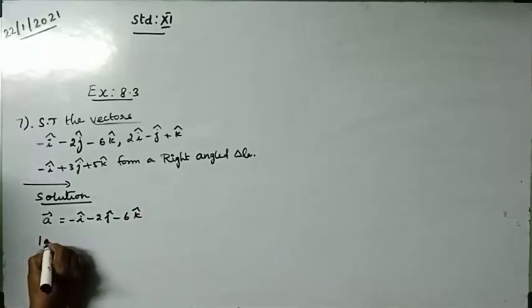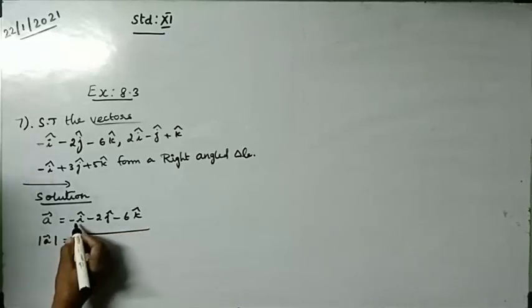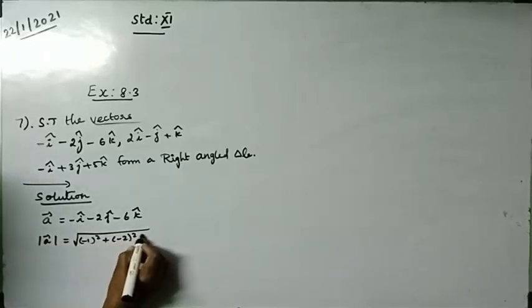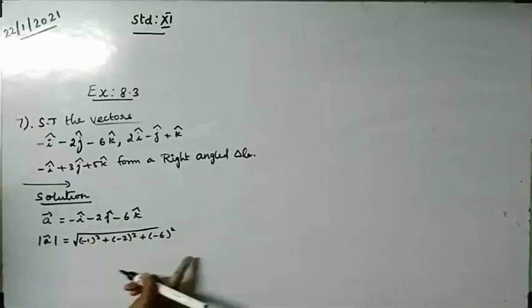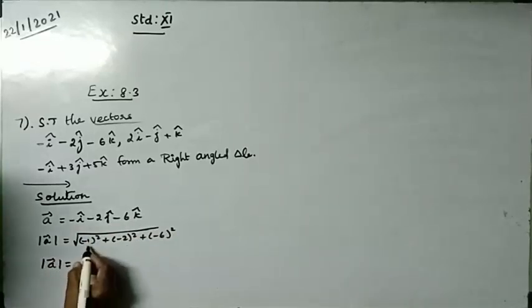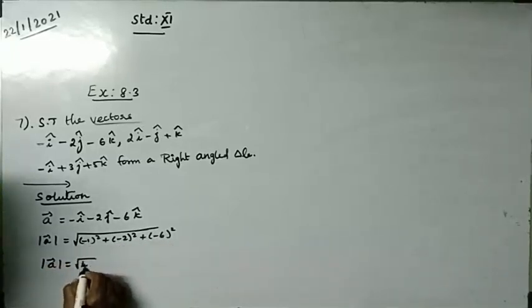So take modulus of A vector, modulus எப்படி find out பண்ணனும்? Square root of minus 1 the whole square plus minus 2 the whole square plus minus 6 the whole square. The coefficients எல்லாம் எடுத்து square பண்ணி add பண்ணிக்கணும். So modulus of A vector is equal to root of 1 plus 4 plus 36, so it is root 41.